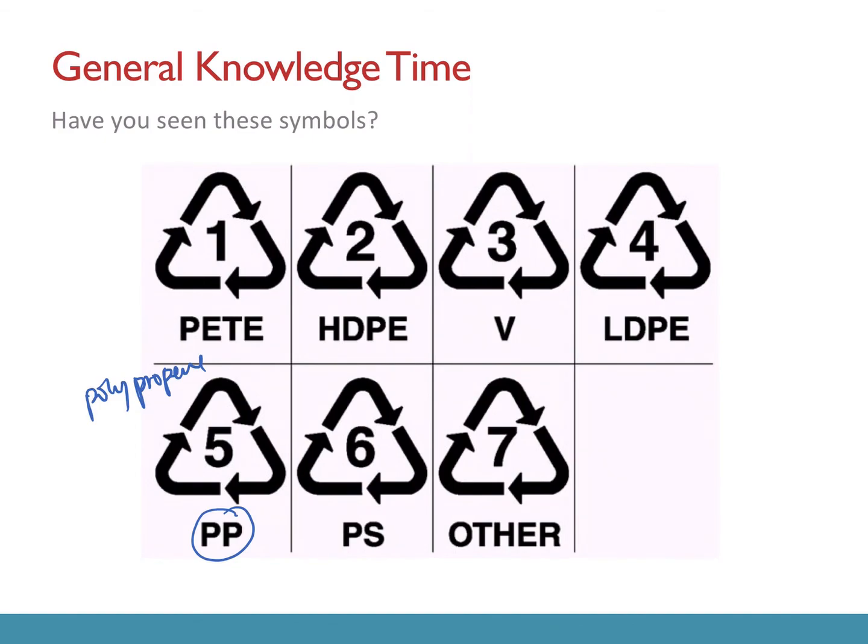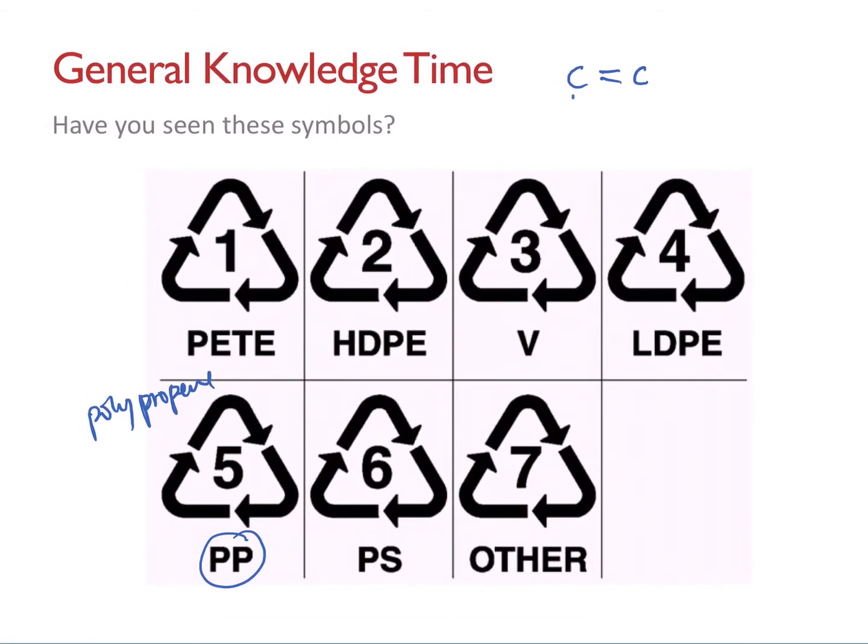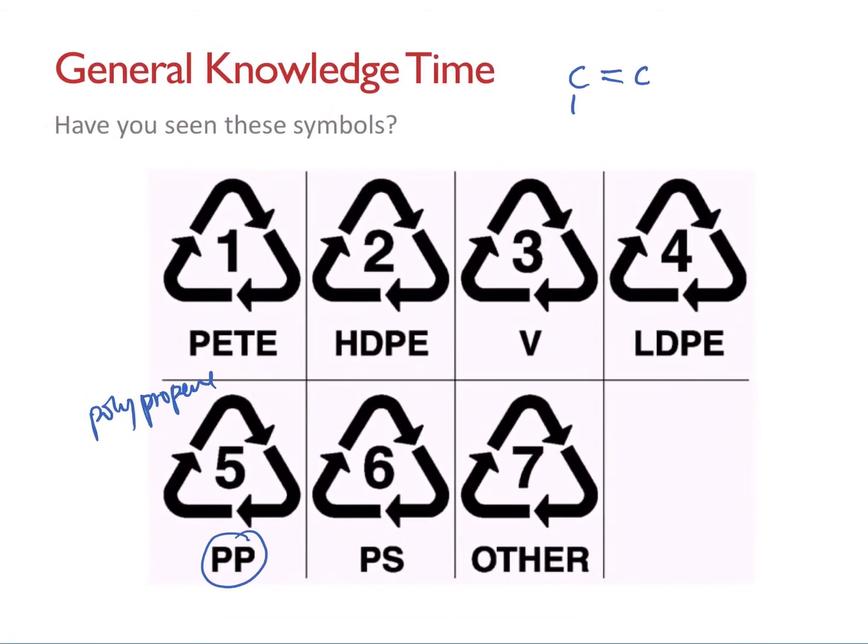Okay, so how do I usually draw the monomers? I think it's always easier to show the C=C double bond. Then if it's polypropylene, propene will have a CH3 here, then hydrogens at the two sides.